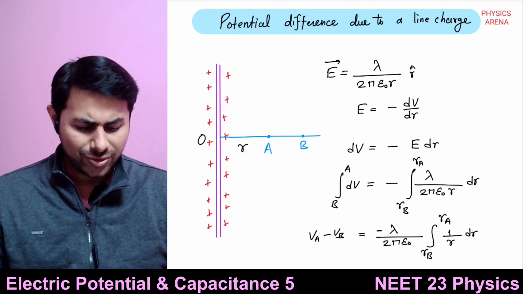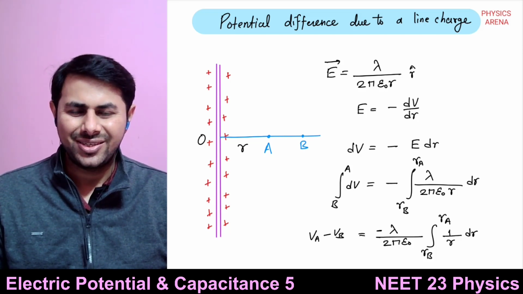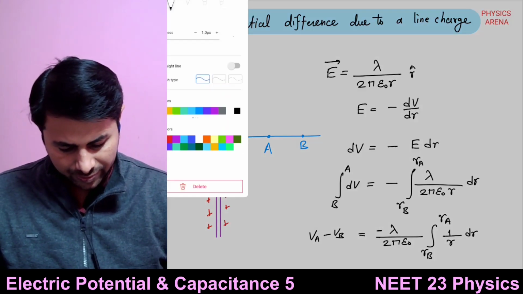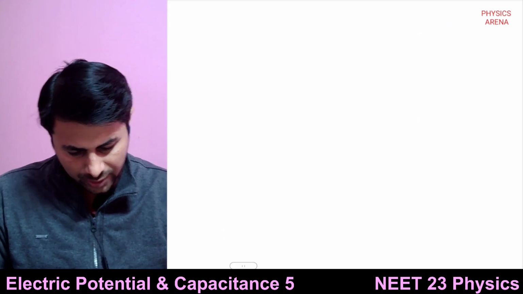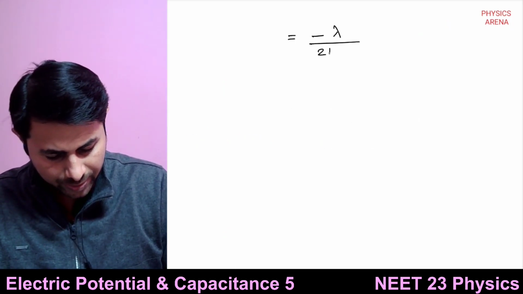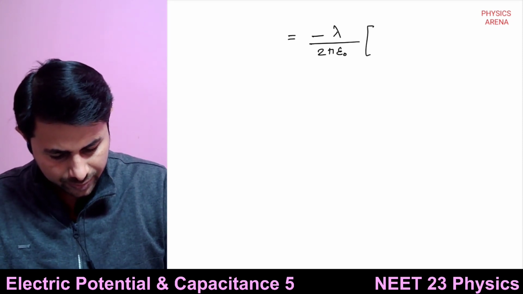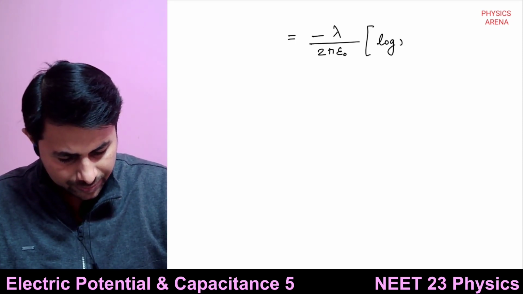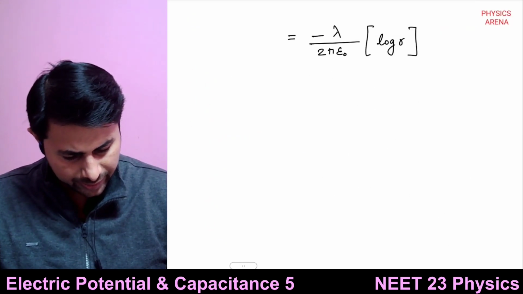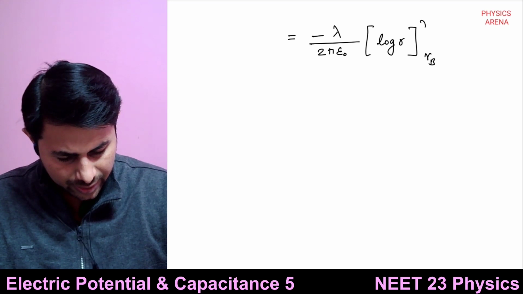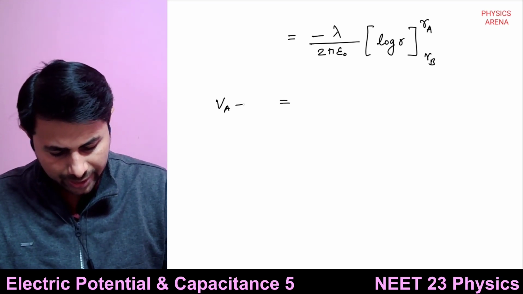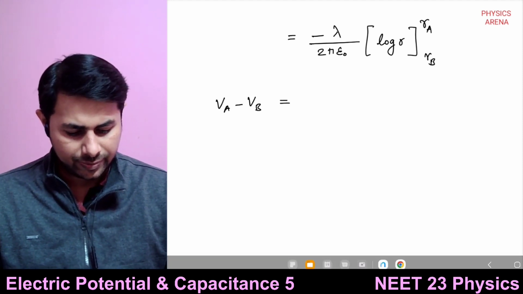It is log of r, natural log of r, right? So it is equal to minus lambda upon 2 pi epsilon naught, log of r, and the limits are: lower limit is RB, upper limit is RA. Okay, this is VA minus VB.